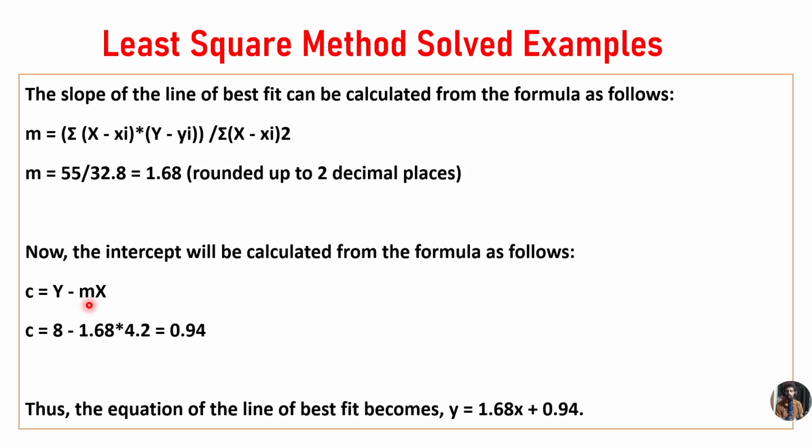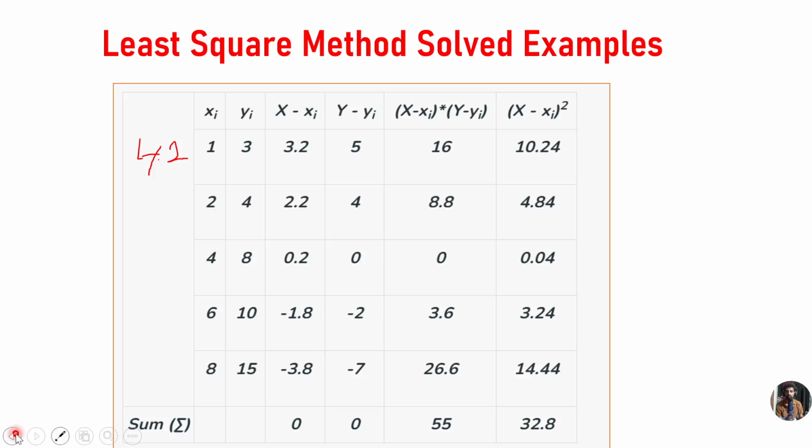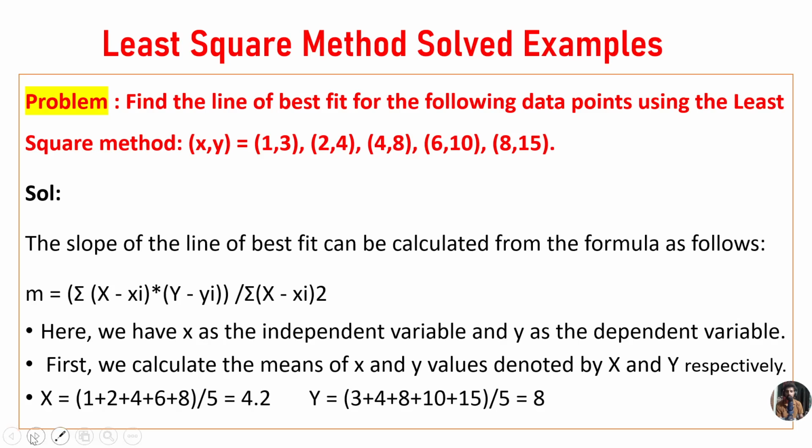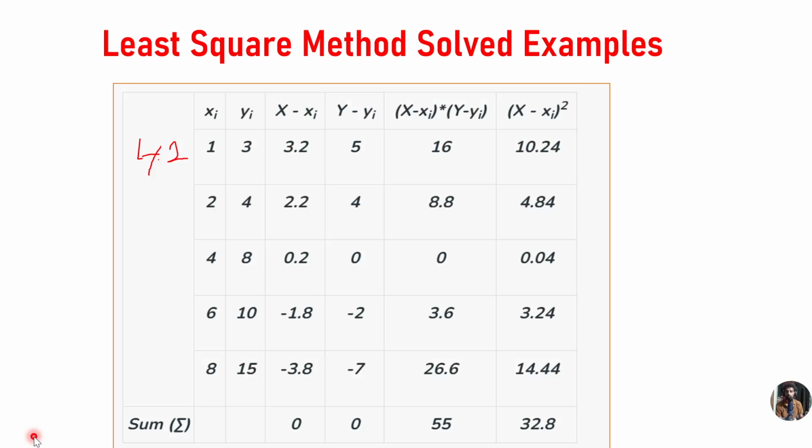Now the intercept will be calculated from the formula c is equal to y mean minus m x mean. Actually this is something like y is equal to mx plus c. So here we are calculating the intercept value. c is equal to 8 minus m, where the m value is 1.68, into x mean, which is 4.2.